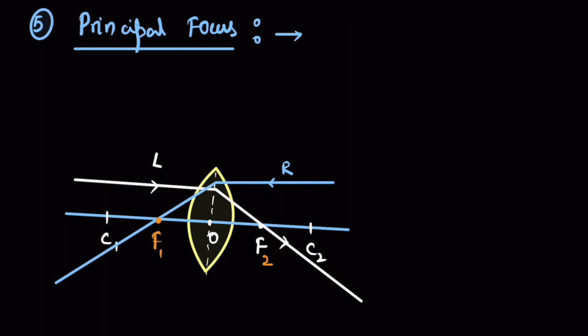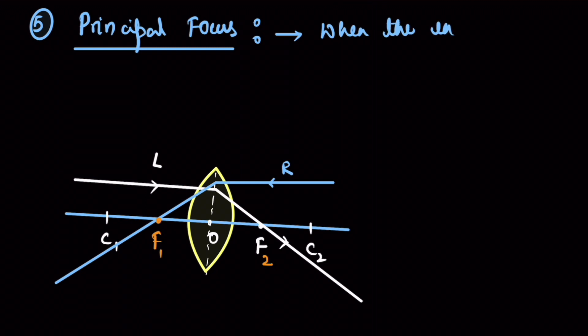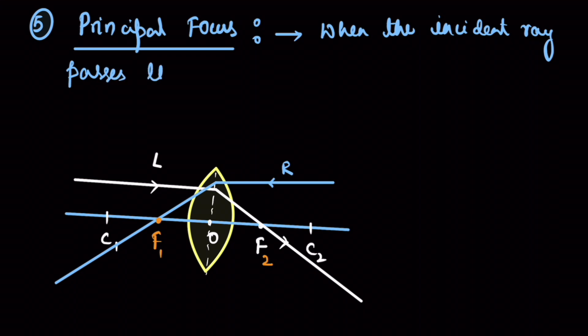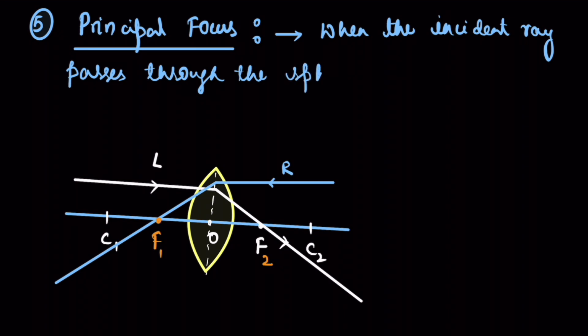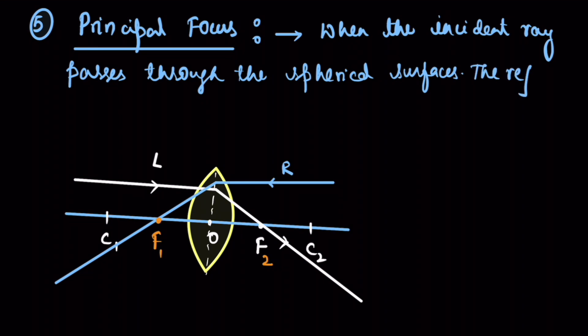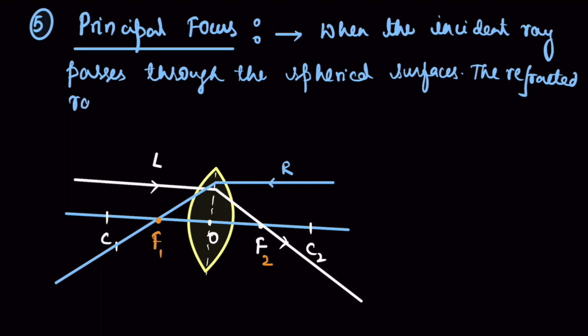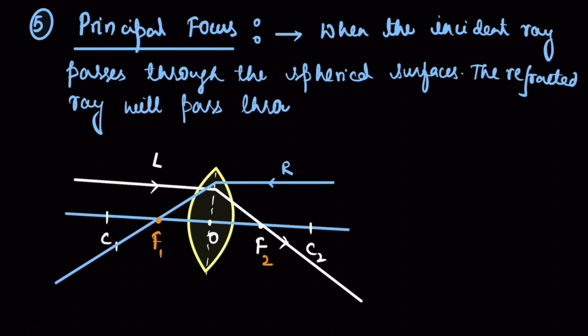So principal focus is defined as when the incident ray passes through the spherical surfaces, the refracted ray will pass through the principal axis.